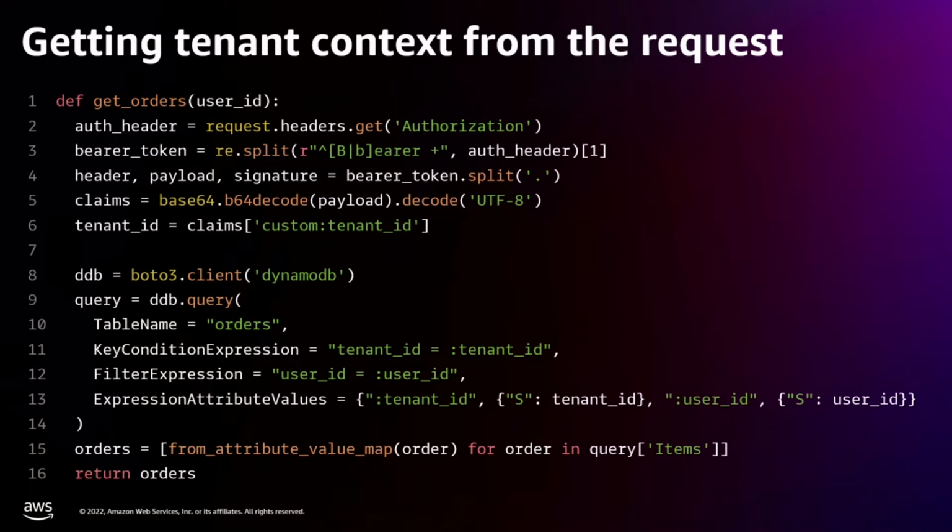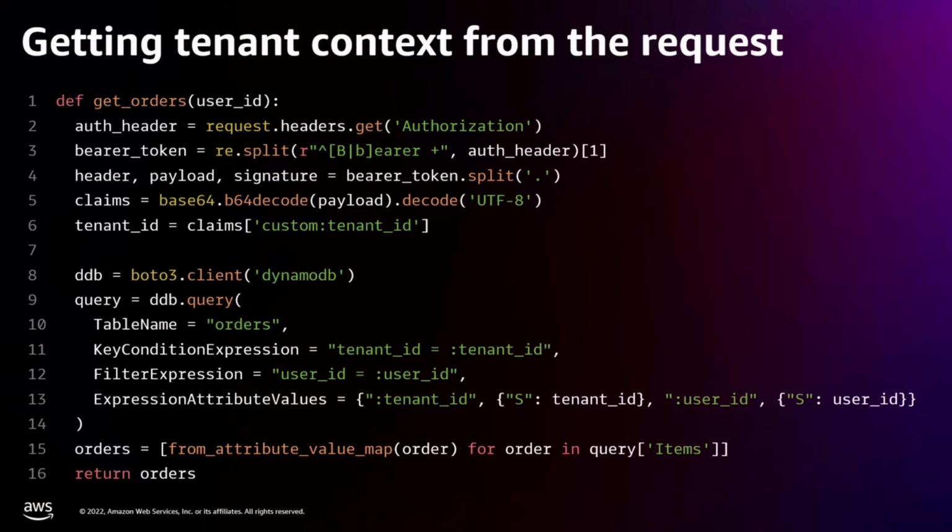Now you might ask, why do it this way? Why override the JOT token from the identity provider with custom information? Well, if I didn't get the tenant ID as part of the incoming request, I have to get it from somewhere, right?